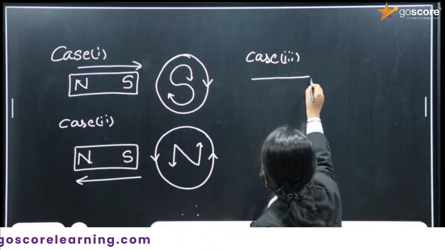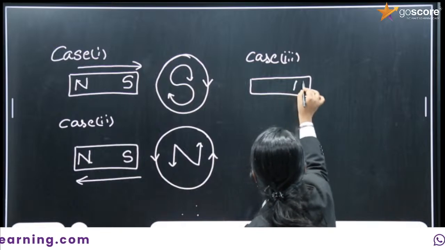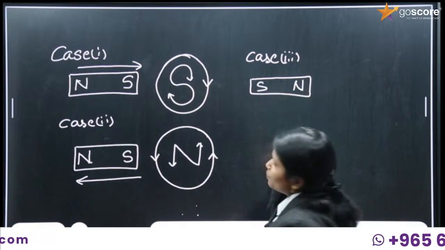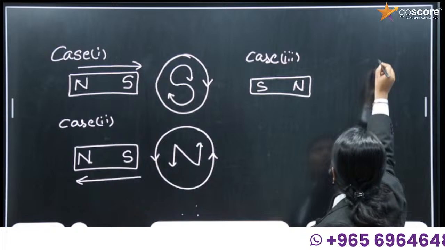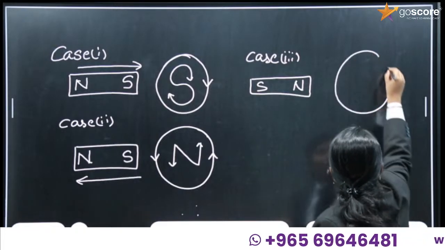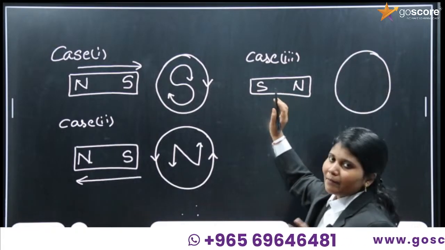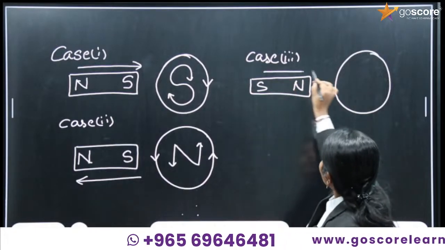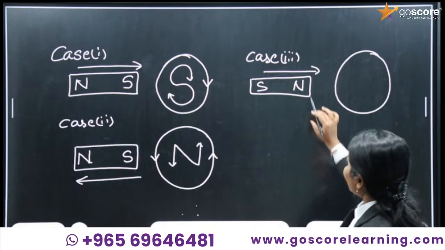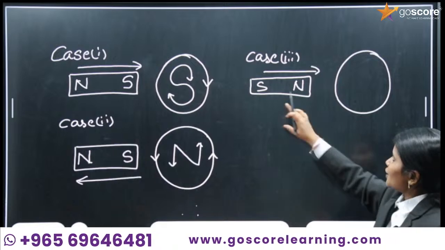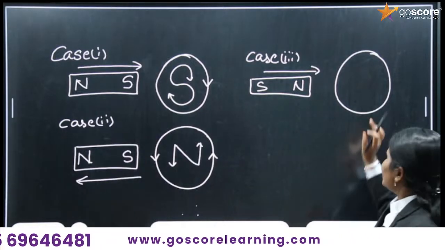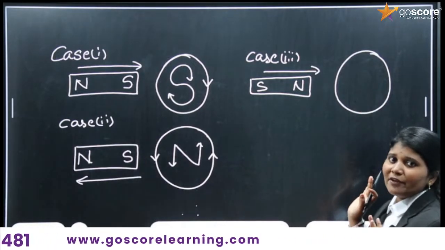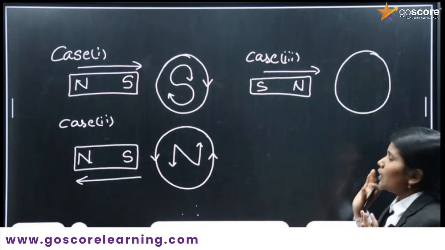Now I am taking the magnet, here north pole, here south. Then I am taking the magnet towards the coil, with the north pole towards the coil. Then change in flux is happening, so EMF will be induced in the coil.